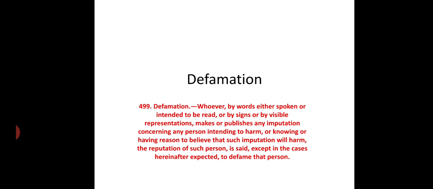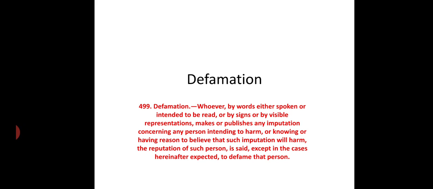Thus, a caricature, an effigy, chalk marks, signs, or pictures may constitute a libel. In addition to words spoken, the publication of a group photograph with a false caption would be defamatory.